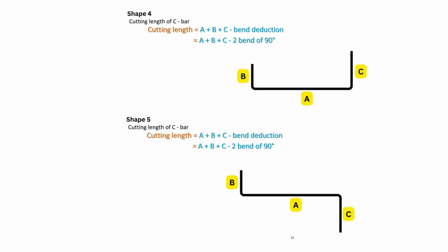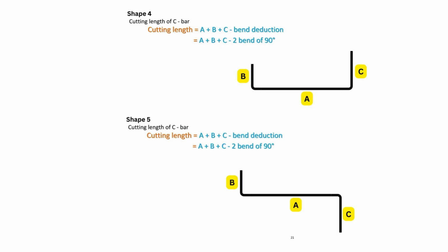Shape 4 cutting length explanation. Shape 4 consists of three legs, typically labeled A, B, and C, connected with two 90-degree bends. It's commonly used in beam or column detailing. To calculate the cutting length, you first add all three leg lengths, A, B, and C, but since there are two bends, you need to subtract the material that gets overlapped due to bending.